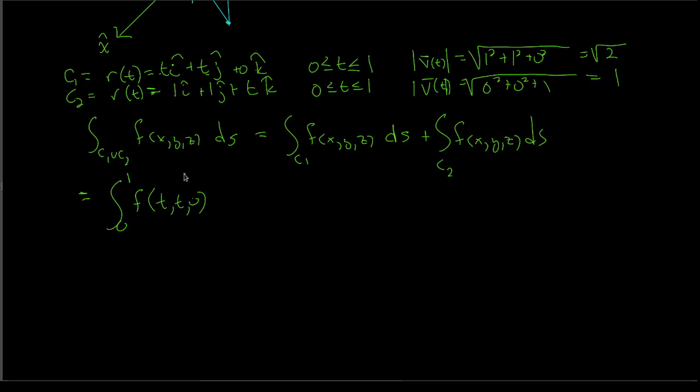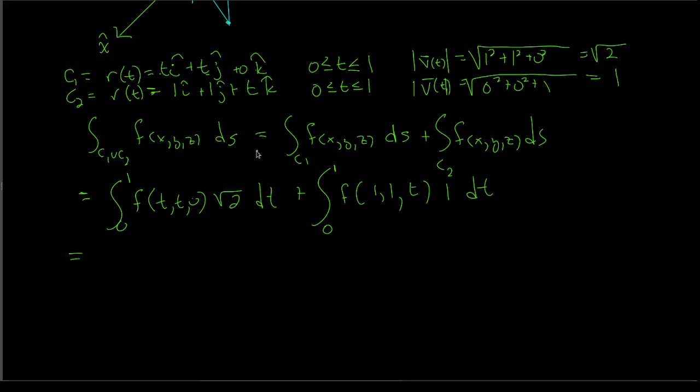So the second integral then is going to be times root 2 dt plus the integral from 0 to 1 of f of 1, comma 1, comma t times 1 dt.